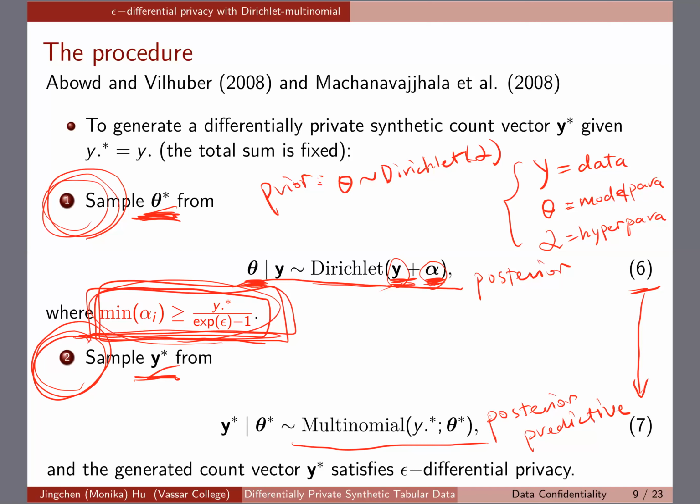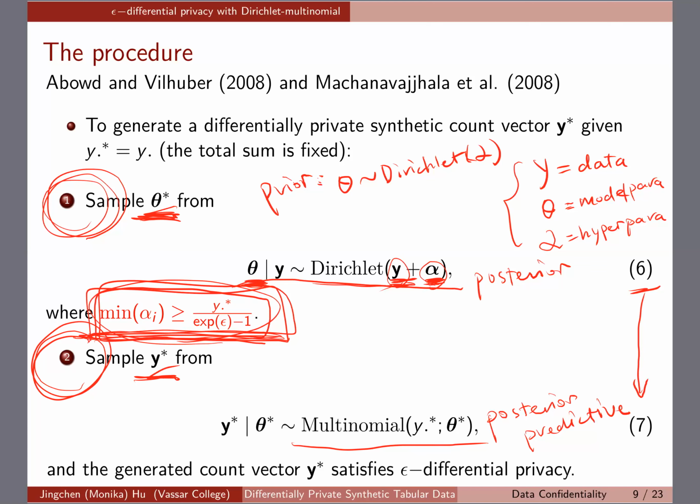So we are really trying to make sure that the parameters we generate from the posterior are differentially private. That's why the condition is being applied here about theta.